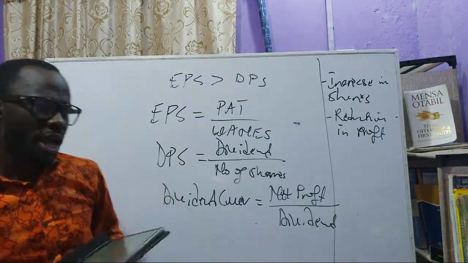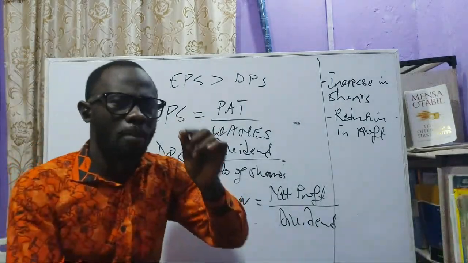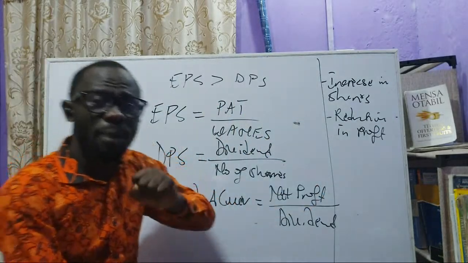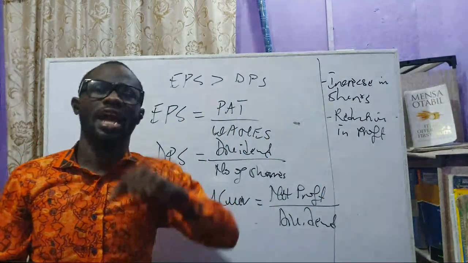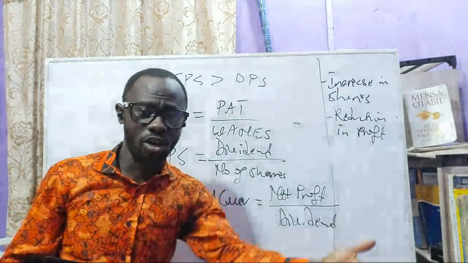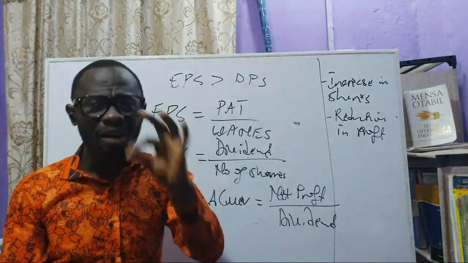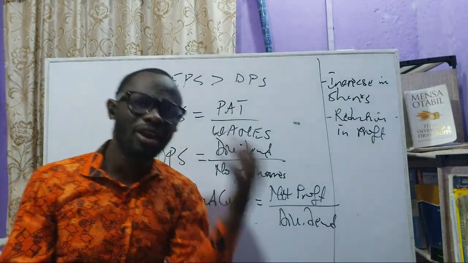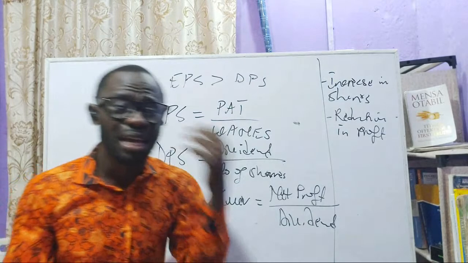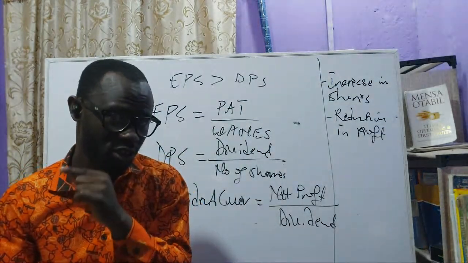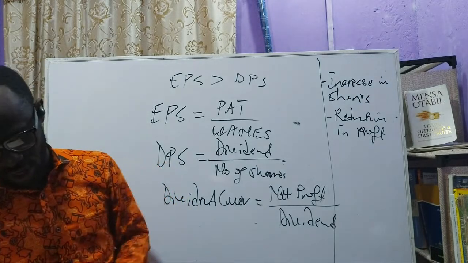But remember, the fact that a company is not paying dividend does not mean the company is not a good fit. Because if they don't pay dividend and they retain the money and they use the money to undertake other projects, then it will increase the share price of the company. However, if they are not making more profit, but they are paying more dividend to us, then that is not good for us as an organization in relation to that.